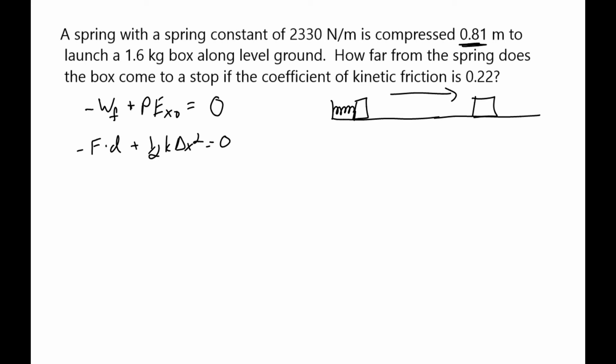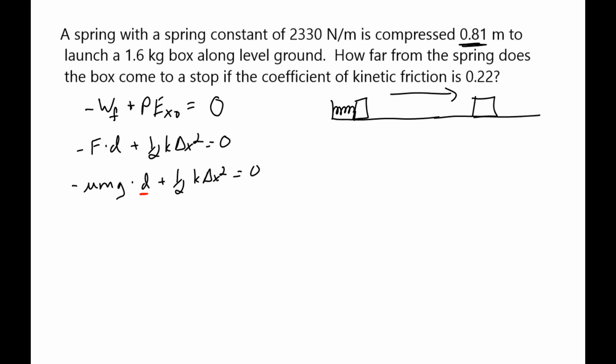So we're going to say negative mu mg times the distance plus 1/2 k delta x squared. One thing I want to make sure you guys are careful of in this is, because of what you did last chapter, it's very easy to forget the distance in there and just put mu mg, because you're used to just putting mu mg for the force.